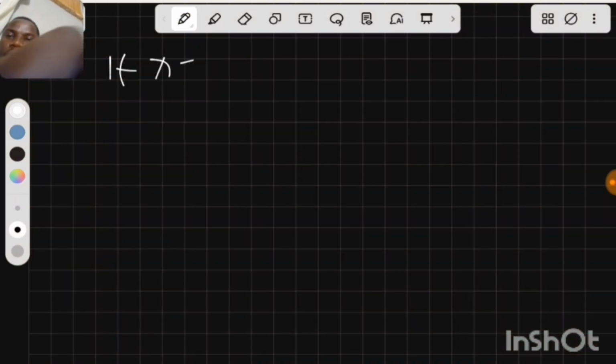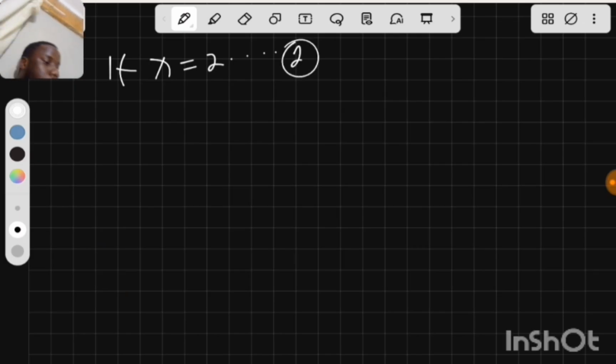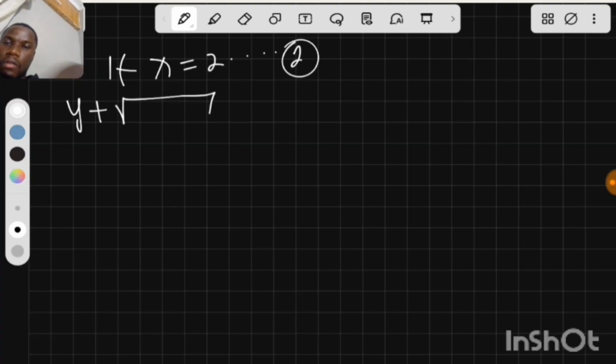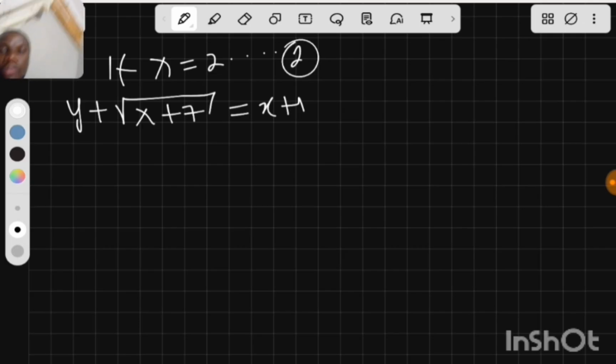If x is equal to 2, we named equation 2. Equation 1. Then y plus the square root of x plus 7 is equal to x plus 1. We can name this equation 3.